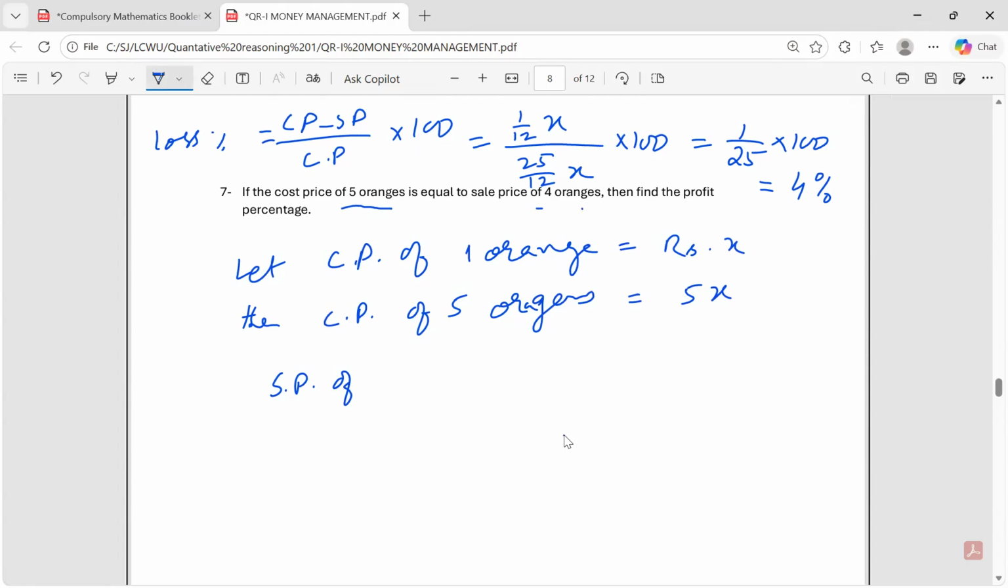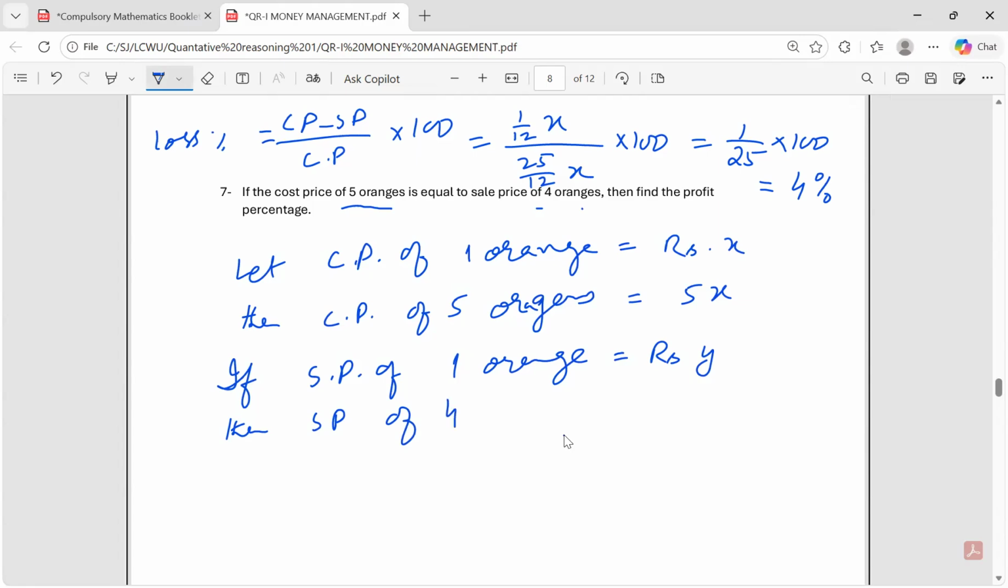Let's suppose the sale price of 1 orange is rupees y, then the sale price of 4 oranges is 4y.